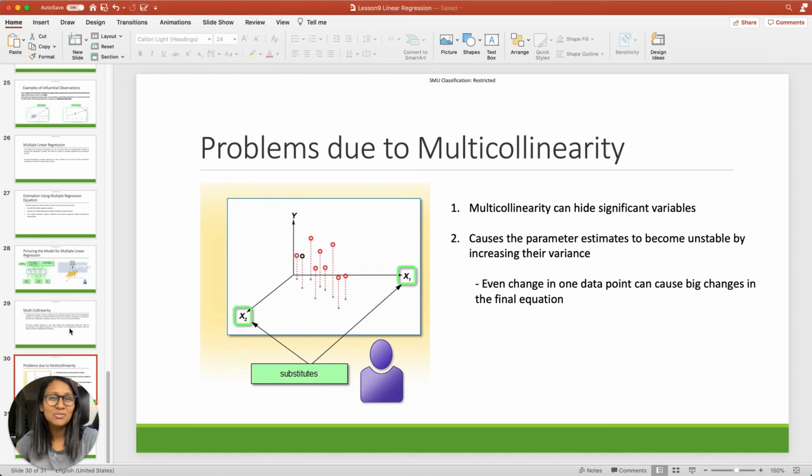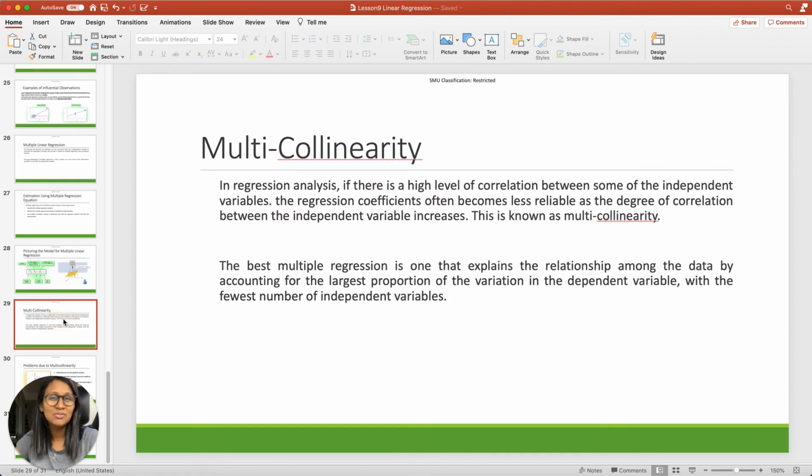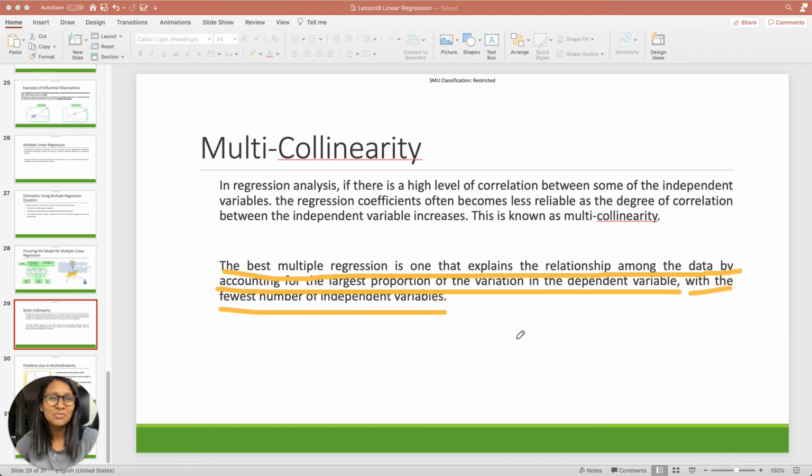Now, I just want to talk about one last very important concept related to regression before we end the topic discussion on the theory of regression. So this statement says that the best multiple linear regression model is one that explains the relationship among the data by accounting for the largest proportion of variation in the dependent variable with the fewest number of independent variables.